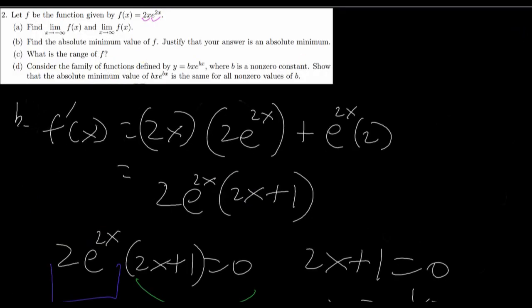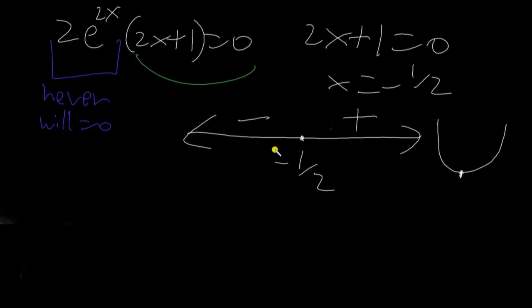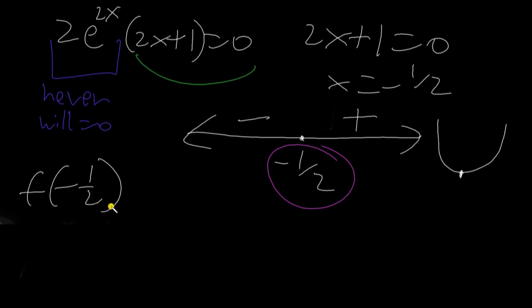Okay, so now what that means is, the question is not asking for what the x value of the absolute minimum is. It's asking for the absolute minimum. So now that we've found the x value, negative 1/2, this is the x value where the minimum value occurs. I need to plug this back into the function, and the output is the minimum value, right?